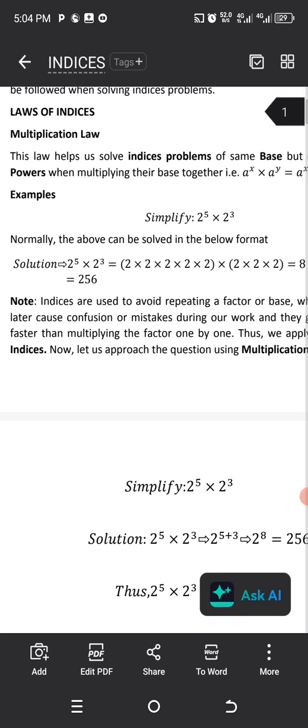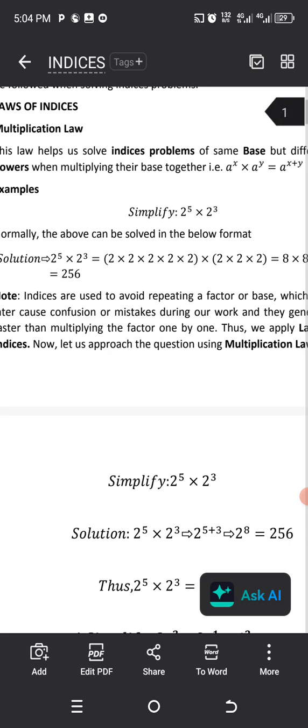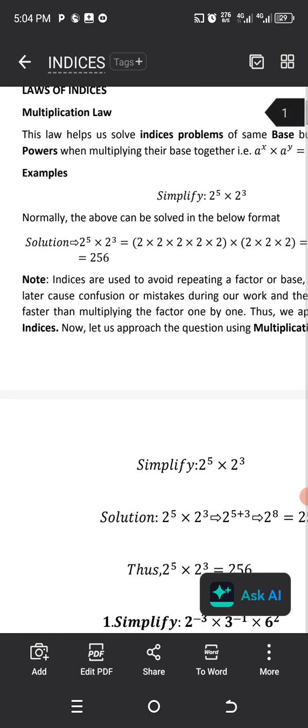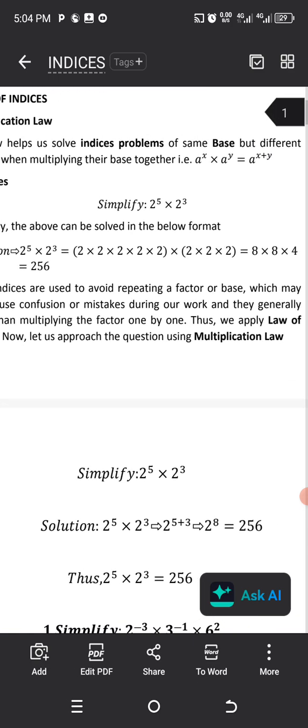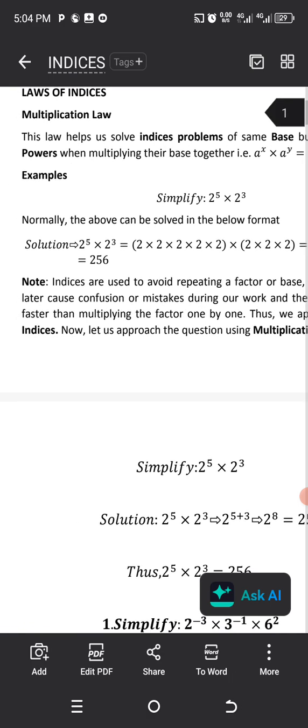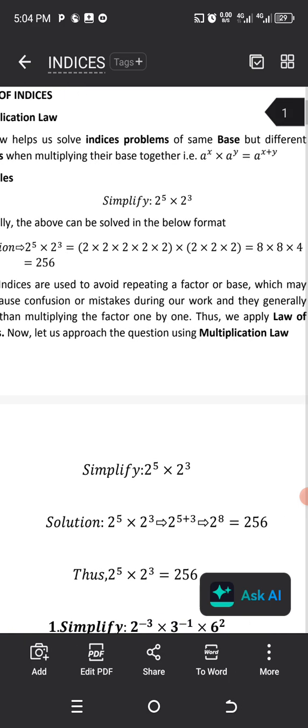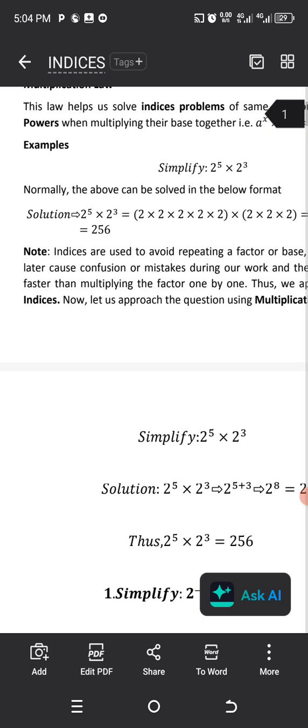And eventually, the answer is 256. But you don't need to waste much of our ink or time, or stress ourselves. That is why the law is introduced. Note, indices are used to avoid repeating a factor or base, which may later cause confusion or mistakes during our work, and they are generally faster than multiplying the factor one by one.